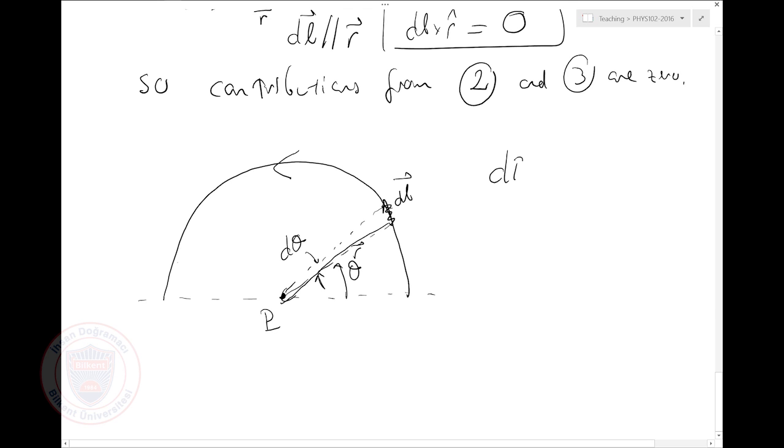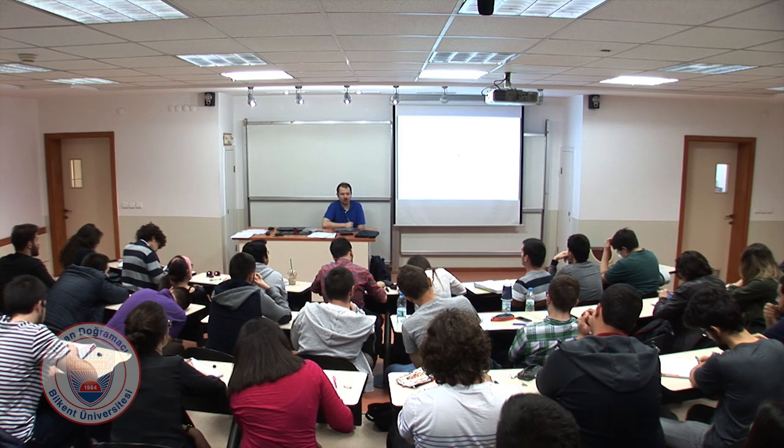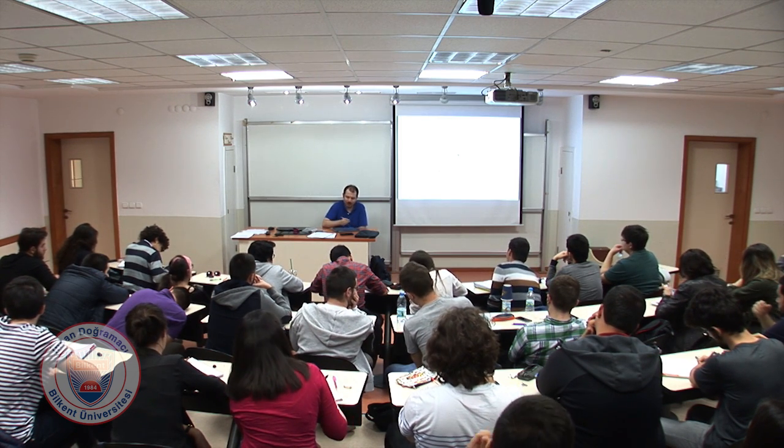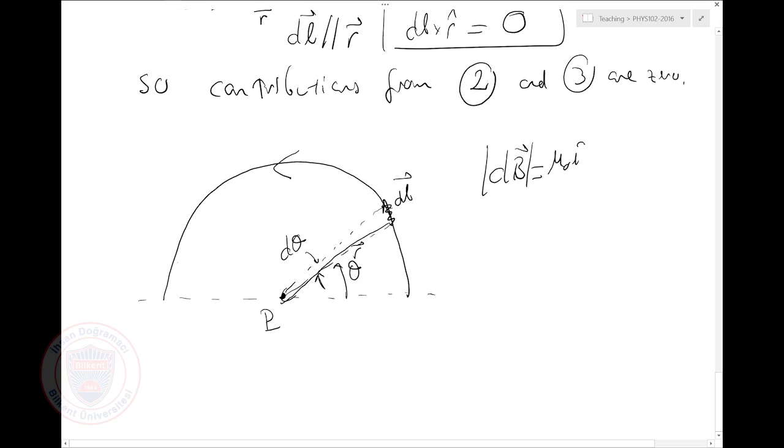Let's see what dB is. The direction we have just said is towards me. Okay, I won't have to calculate it, so I'm just going to look at the magnitude. Mu 0 I over 4 pi times dl cross r hat magnitude. I need dl magnitude. What's the r hat magnitude?